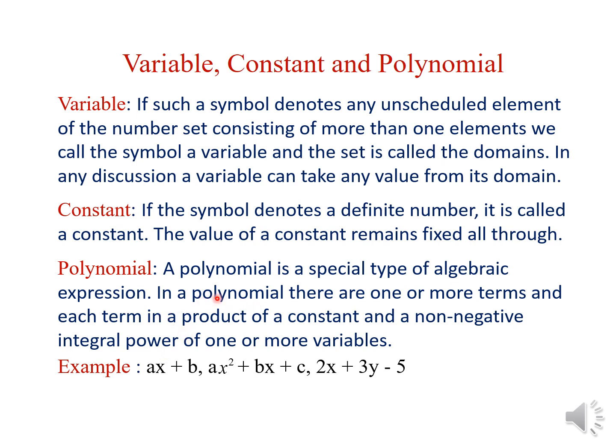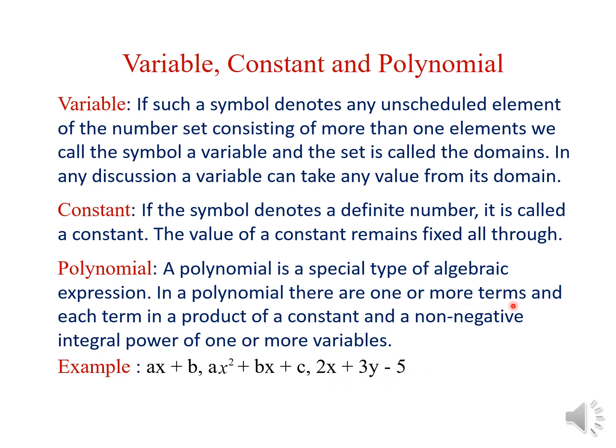I want to tell again, a polynomial is a special type of algebraic expression. In a polynomial, there are one or more terms. You can see that in the first example there are two terms, that is more than one term, and in the second and third examples there are three terms.